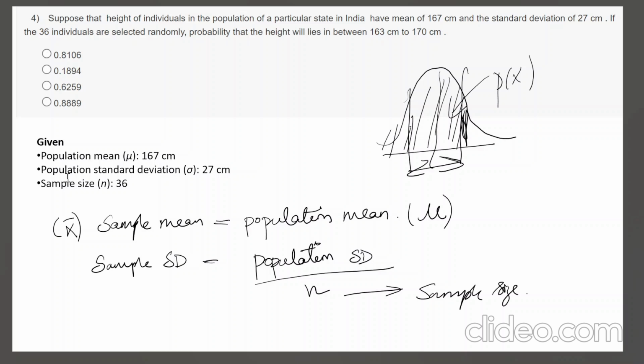The given data is: the population mean is 167 centimeters, and the population standard deviation is 27 centimeters. The sample size is 36. Based on this, we can find the sample mean and sample standard deviation.